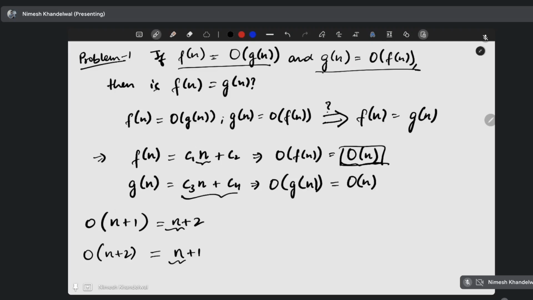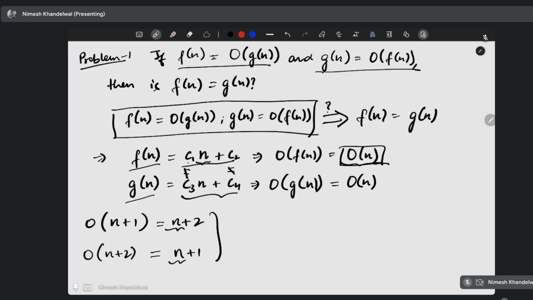So simply by this we can see that these two do not need to be the same. So C1 does not need to be equal to C3 and C2 does not need to be equal to C4 for these conditions to hold.